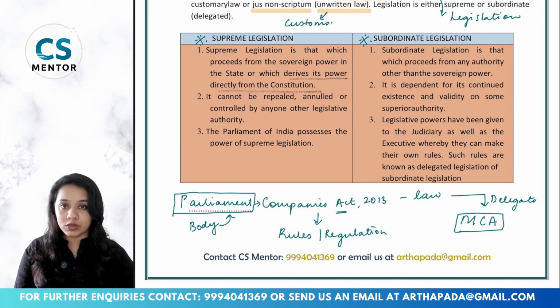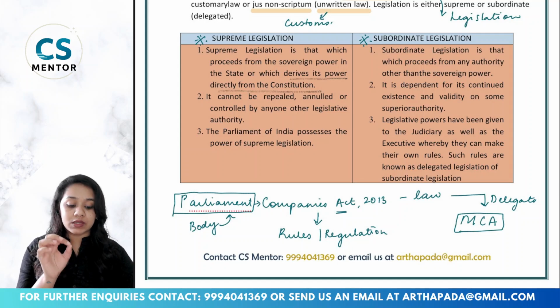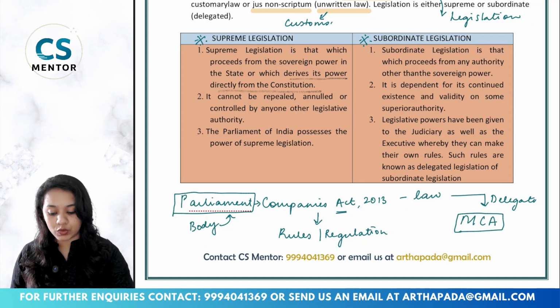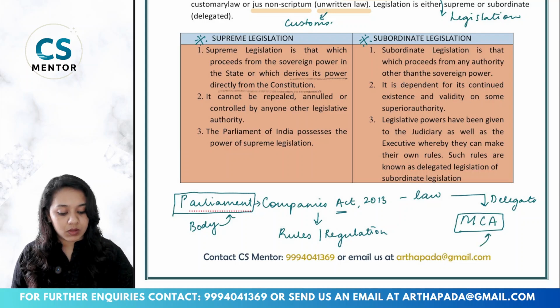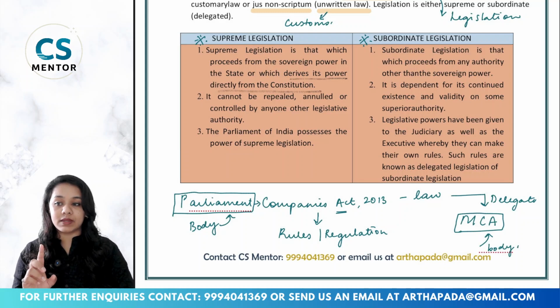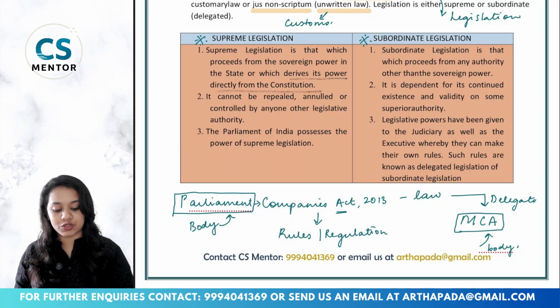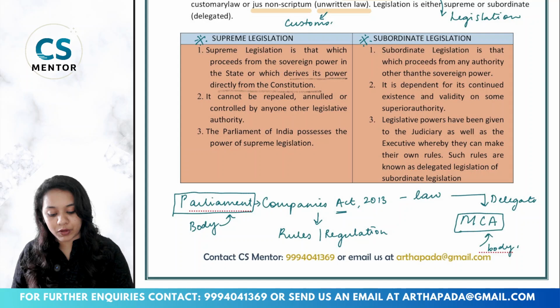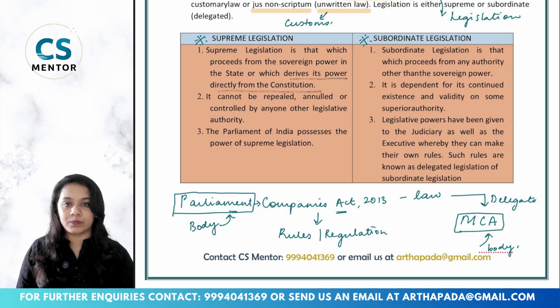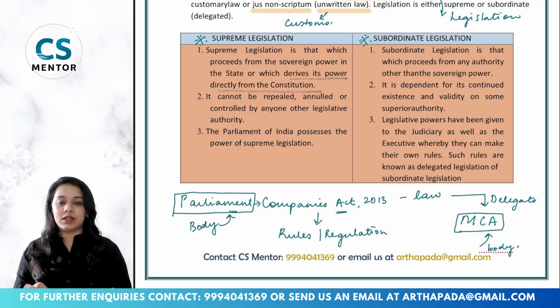Whereas in subordinate legislation, the authority, the body over here, the Ministry of Corporate Affairs, that is creating some legislation, whether it is rules or regulations, they do not get their power directly from the Constitution. Instead, they get their power from the Parliament. So, friends, let's be very clear.